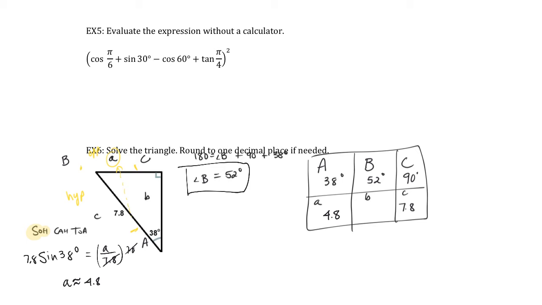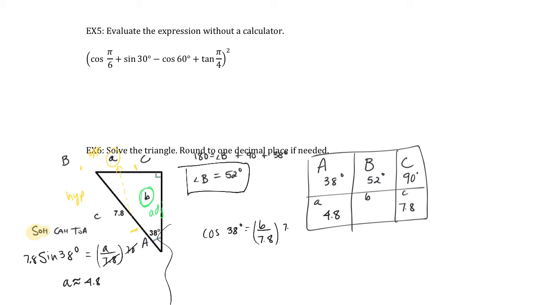Okay, and then we can use either trig or we can use the Pythagorean theorem to get that last side. Just to show you, from angle A, this would be adjacent. And I have hypotenuse, so I could also use cosine. Cosine of my angle is adjacent, which would be B, over hypotenuse, which is 7.8.